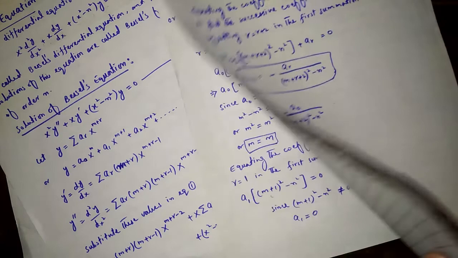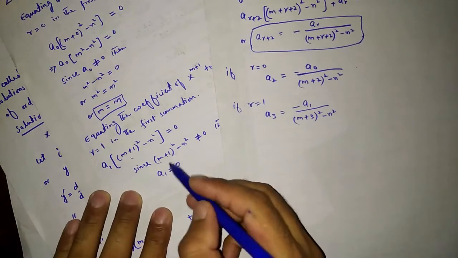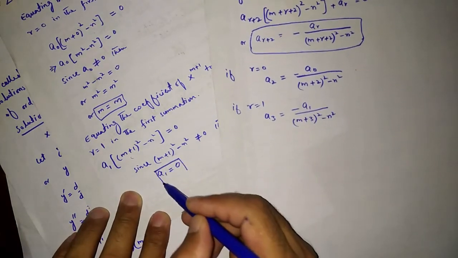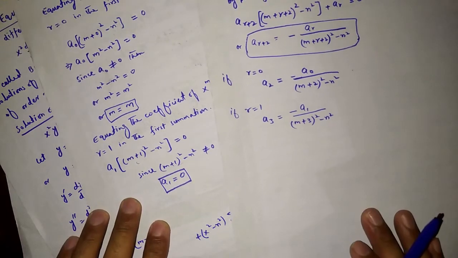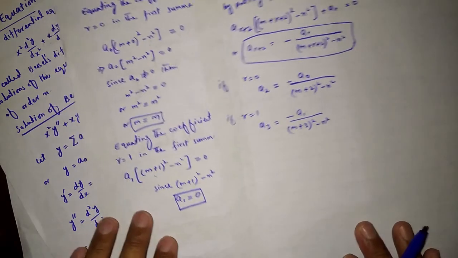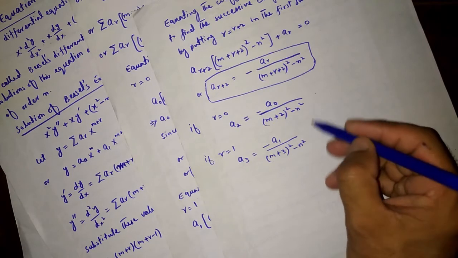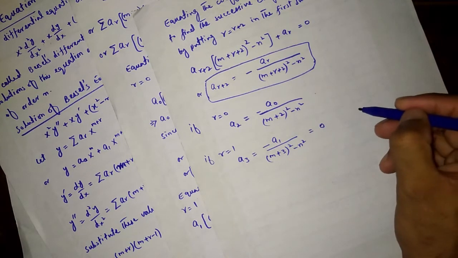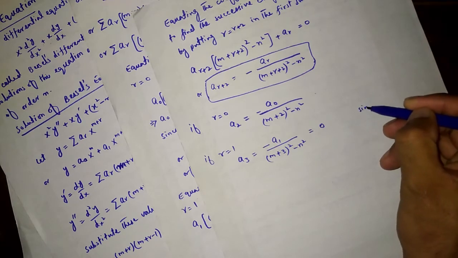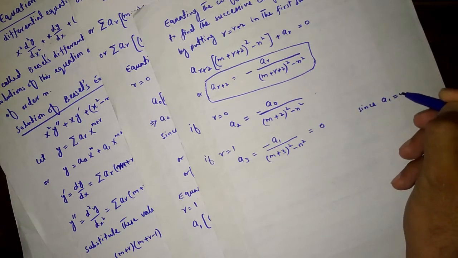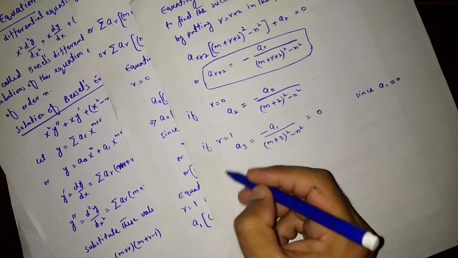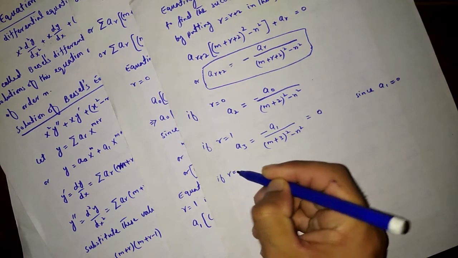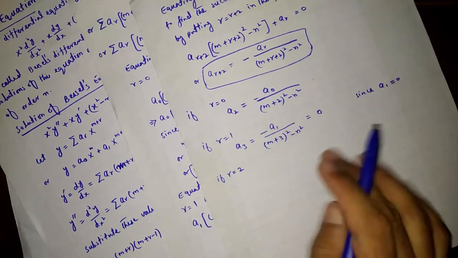Since a1 is equal to 0, this will also be 0. And if you put r is equal to 2, you will get a4.